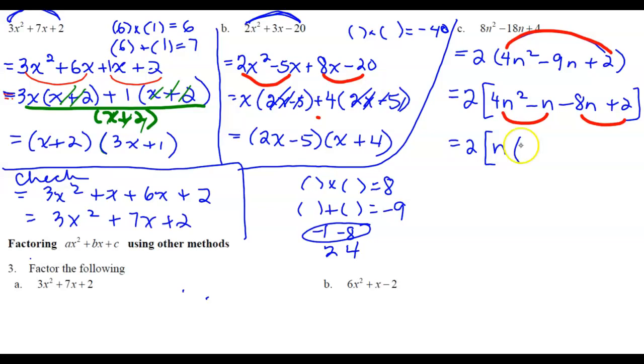So n, I'm left with 4. Oops, let me fix my 4. Although some people write it like that, but 4n minus 1. Then whatever sign is next, I copy it out.